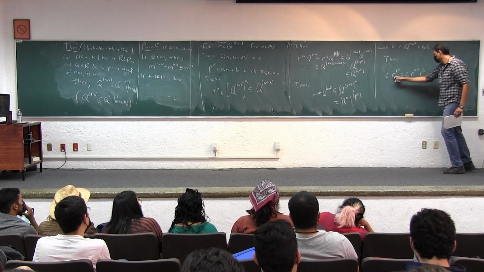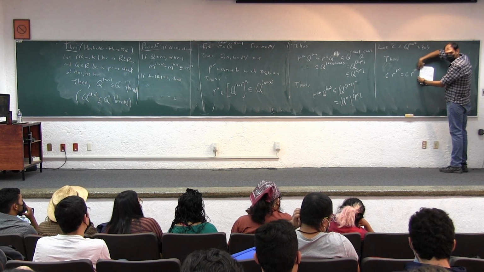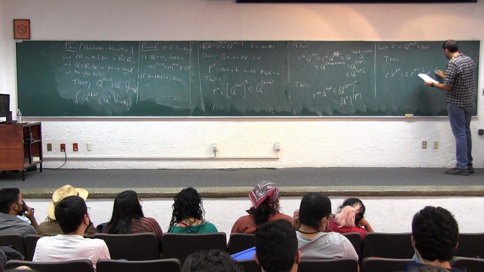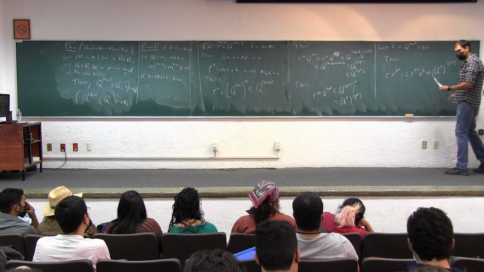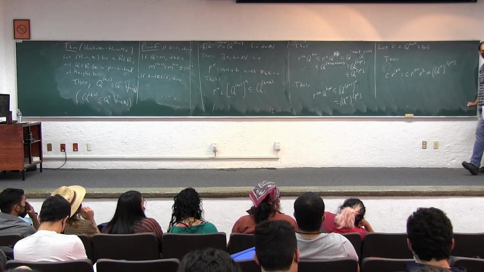We know that this times this one, which is a multiple of C R A to the N, has to be in Q N bracket P to the E. Okay? Are we good so far?